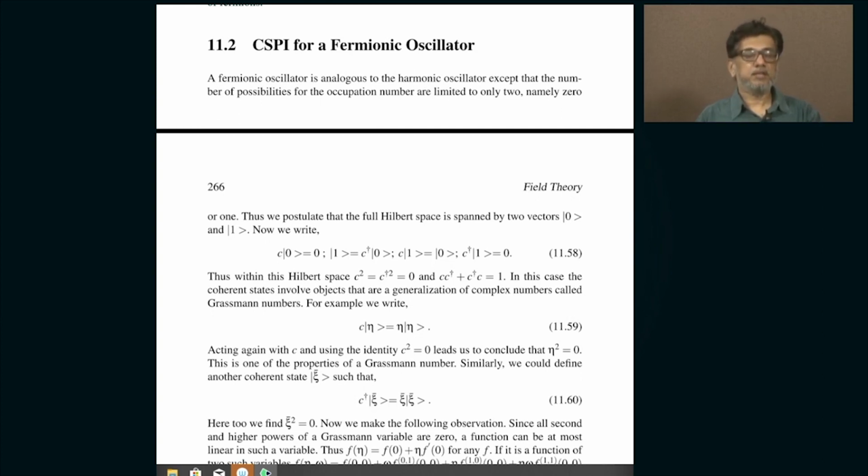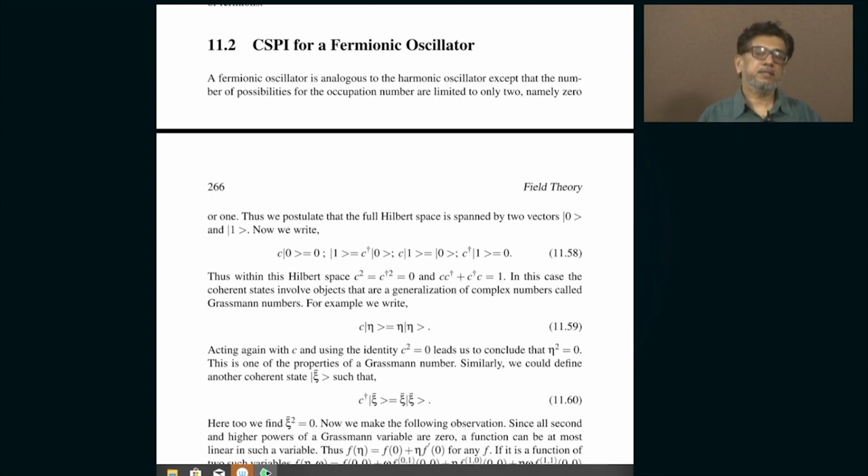So, that weight is proportional to e raised to i by h bar S. Therefore, in order to do the path integral approach to quantum mechanics, it appears that you really need a classical Lagrangian. But the funny question now is, how can you construct the classical theory of a fermion, because that is what it seems to imply.